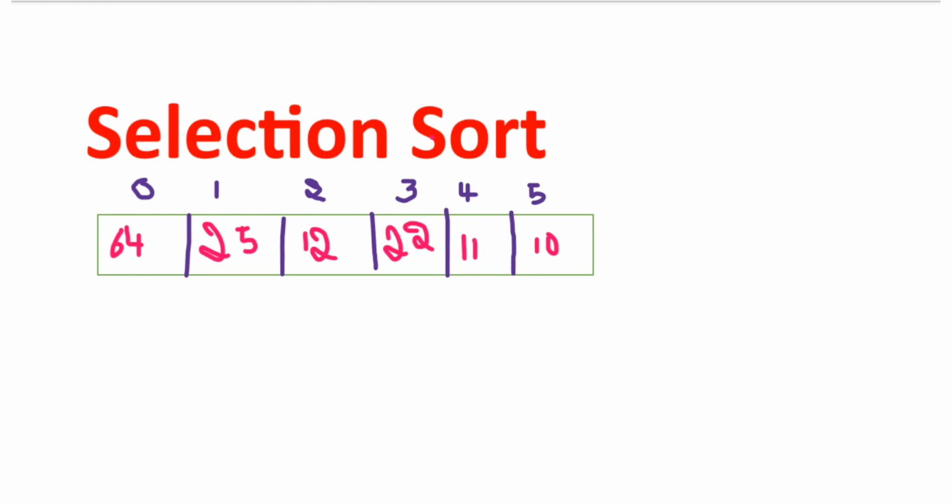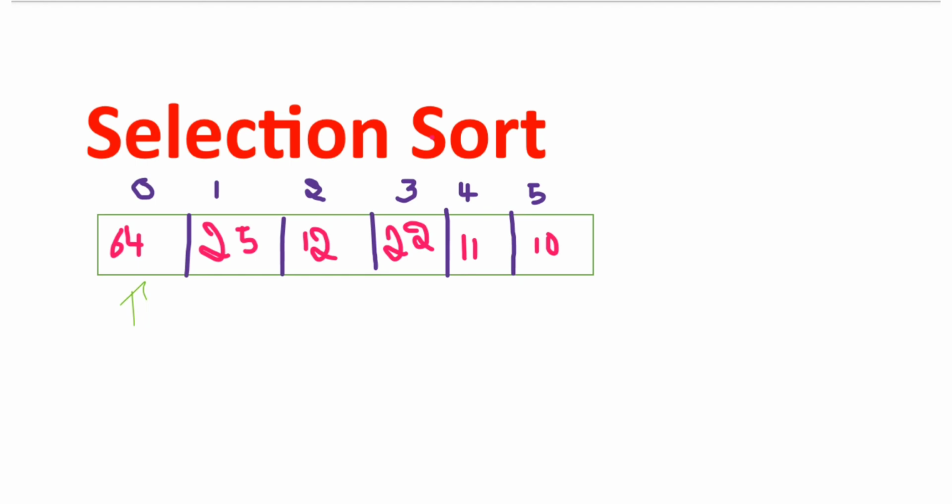Next, I need to find the smallest element in the rest of the array, which is unsorted. The smallest element in the unsorted list is 10. So, I need to swap the current element with the minimum element.